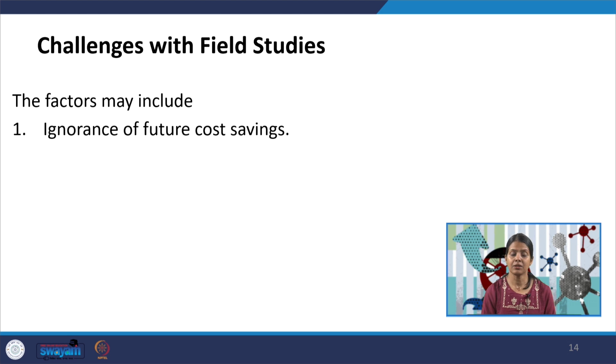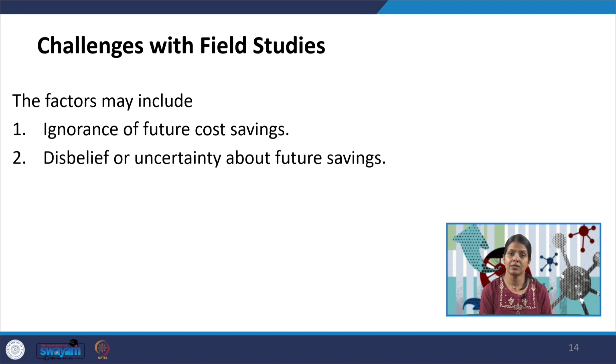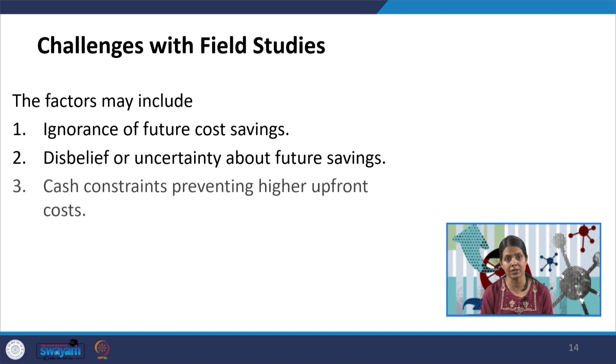The factors may include ignorance of future cost savings. I might not be aware of how much cost saving a better rated or more efficient appliance can give me. Disbelief or uncertainty about future savings. Even if I am told that I am going to save this much money through reduced electricity bills, I may not actually believe it. Cash constraints preventing higher upfront costs.